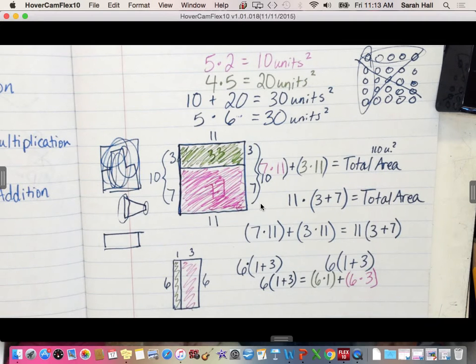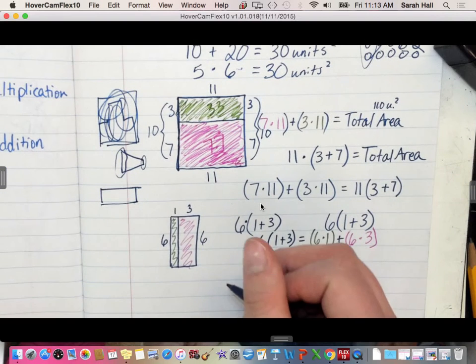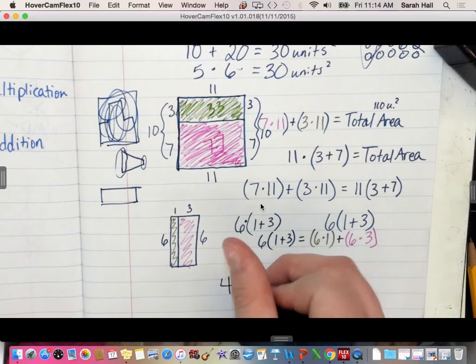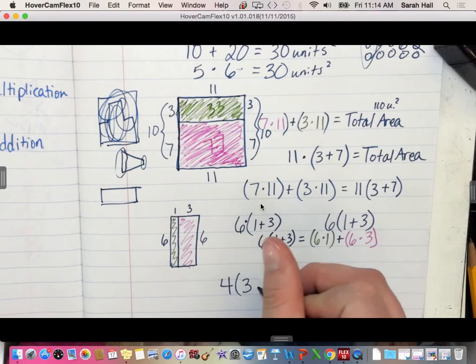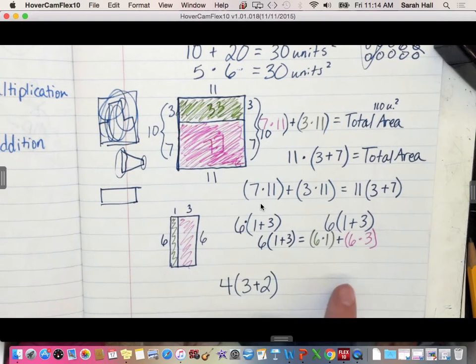Okay? So it's also saying anytime that you see, let's do, four times 3 plus 2, what is that equal to? I don't want an answer.